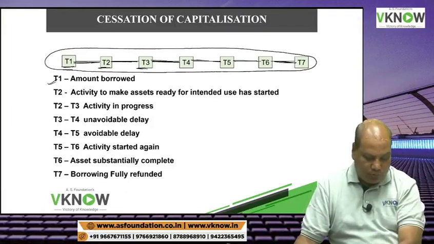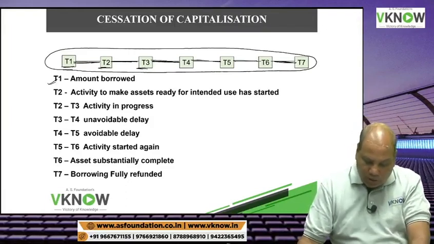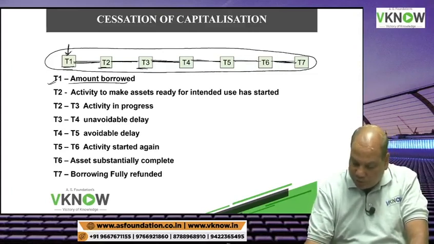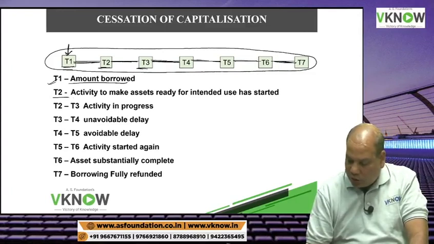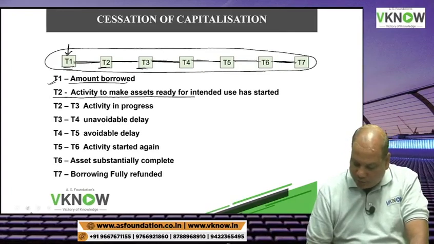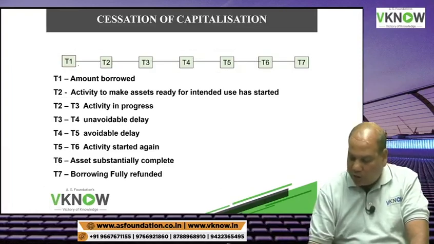Student will have to now answer. Suppose at T1 the amount is borrowed, and at T2 the activity to make the asset ready started. So what will be the treatment of borrowing cost between T1 and T2?